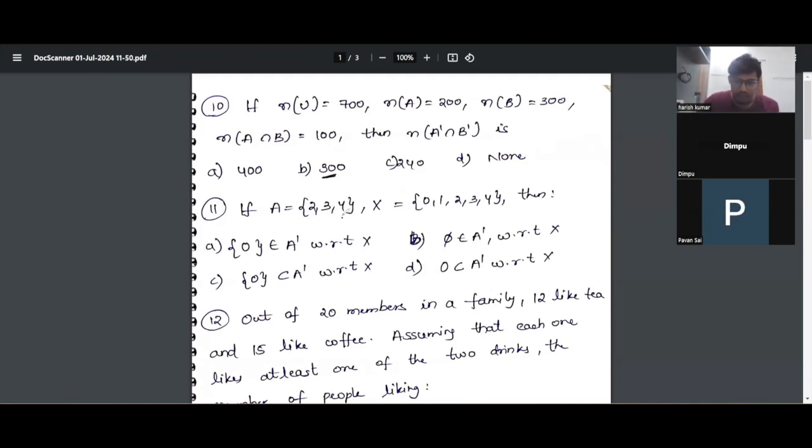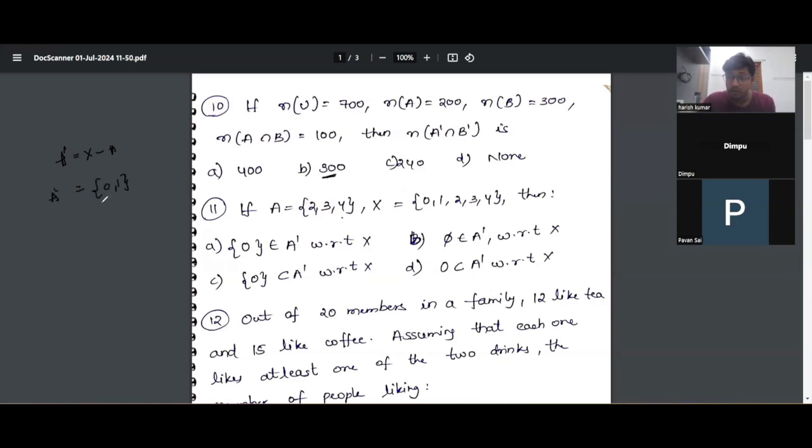If A is the set 2, 3, 4, and X is 0, 1, 2, 3, 4, then set containing 0 belongs to A complement. So first of all, let's write A complement. What will be A complement? A complement will be X minus A, because X is the universal set in this case, right? So X is 0, 1, 2, 3, 4 and A is 2, 3, 4, so A complement has to be 0, 1.